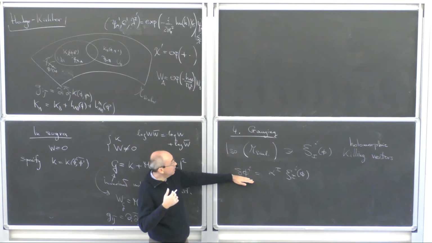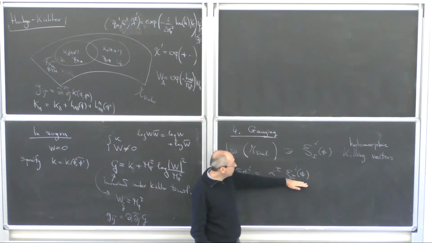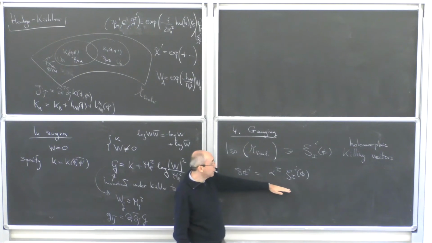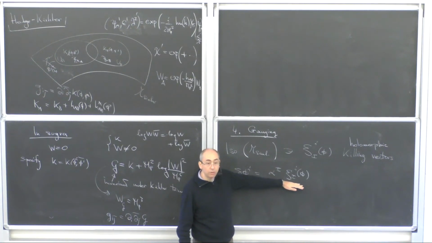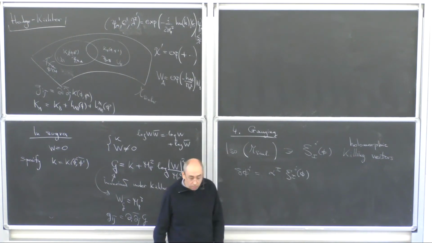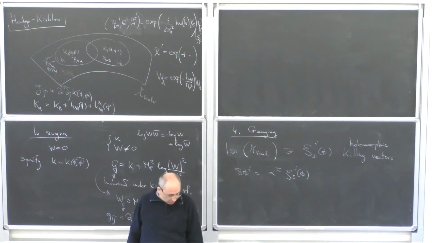Simply because the supersymmetry transformation tells me that the chiral fields phi and the anti-chiral fields phi bar transform in opposite ways. So I cannot mix phi and phi bar, and I had better not gauge isometries that mix phi and phi bar. I should take Killing vectors which are holomorphic, combinations of the Killing vectors, if you wish, that you have on your manifold, in such a way that you preserve the complex structure.